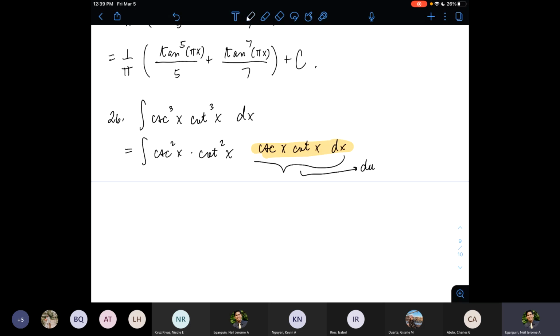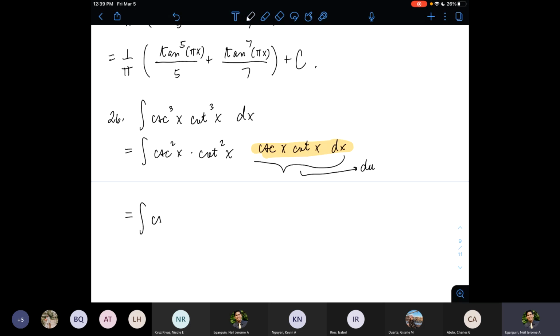So that means the unhighlighted factors in this integral should be expressed purely in terms of cosecant, right? And that's why we needed cotangent to have an odd power, so that after taking one out of that odd power of cotangent, we'll be left with an even power for cotangent, which can be written in terms of cosecant using the Pythagorean identity, right?